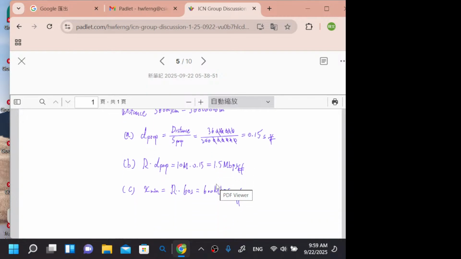For the second question, we can simply multiply the bandwidth by the propagation delay to get an answer of 1.5 million bits. For the third question, since it is about continuous transmission, we don't need to consider the propagation delay, so the answer is obtained by multiplying the bandwidth by the total time. Okay, thank you.